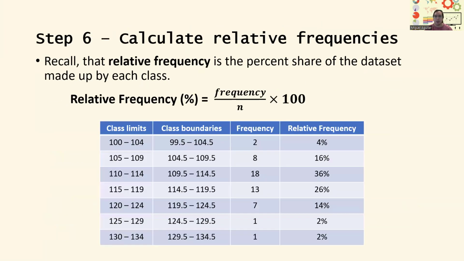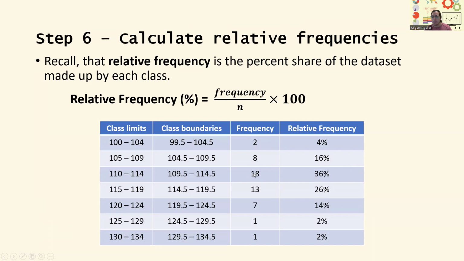Okay, and we can back up to our frequency distribution table to see this, right? 13 data values fell between 114.5 and 119.5, and that represents 26% of the data. We can also see things like, what is the most frequent class here? And that would just be either the highest frequency value that we find in our table or the highest relative frequency, right?